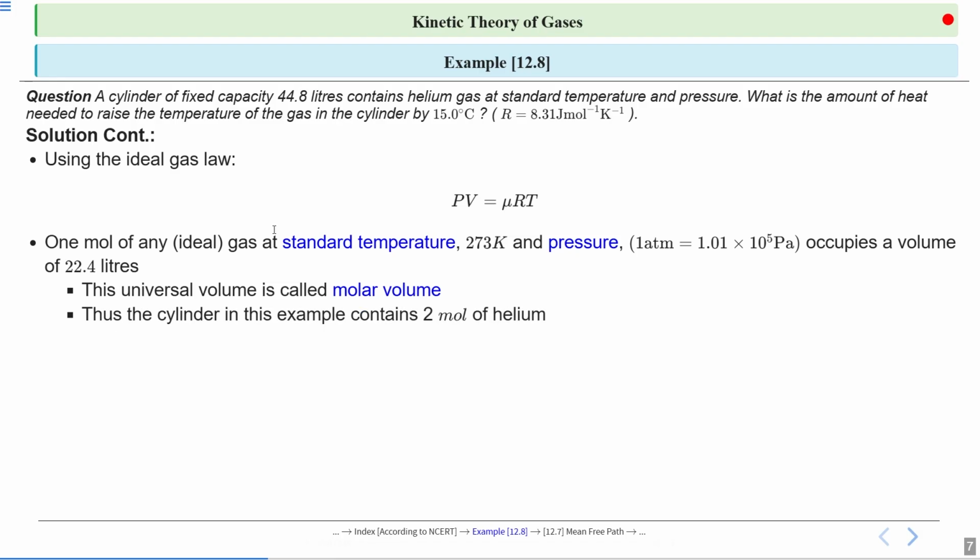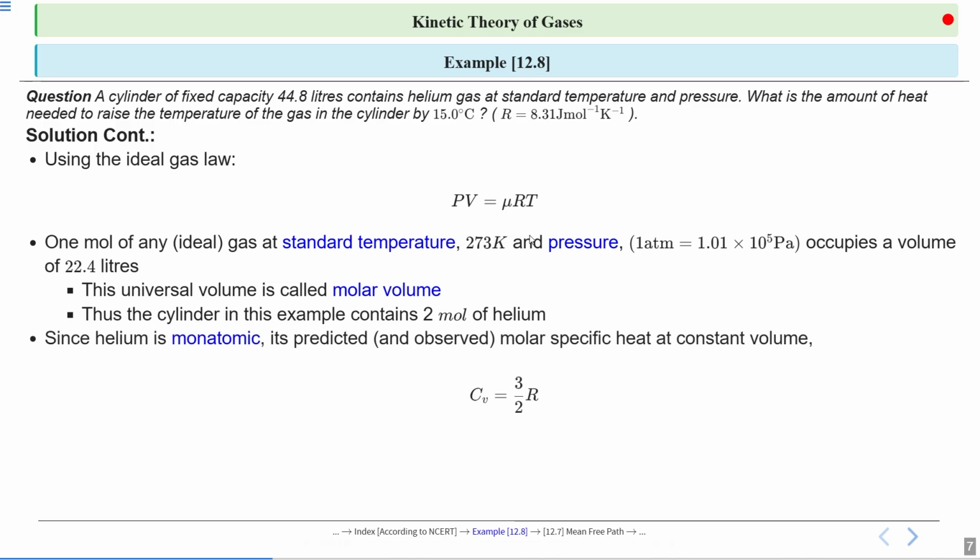Means we can say the cylinder's volume of 44.8 liters contains 2 moles of helium. This is because 44.8 liters divided by the molar volume of 22.4 liters per mole equals 2 moles.